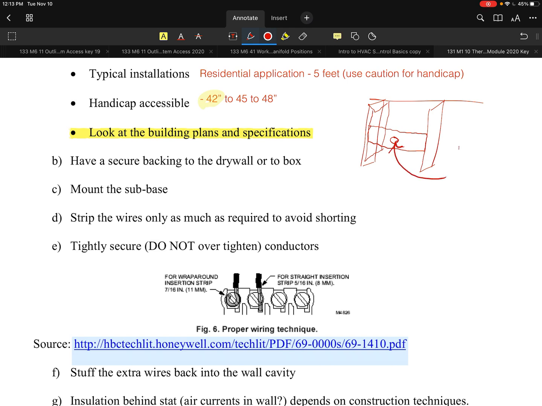As far as drilling that hole, I would say the hole should be no less than 5/8 of an inch in diameter. I would not skimp on that. You want to make sure you can get the wire through there, and it's harder to drill those out a little bit later.